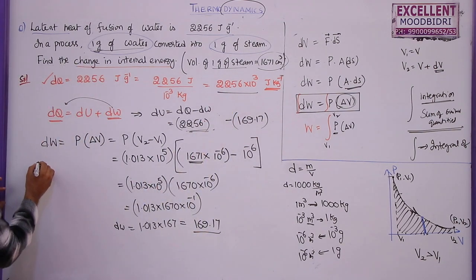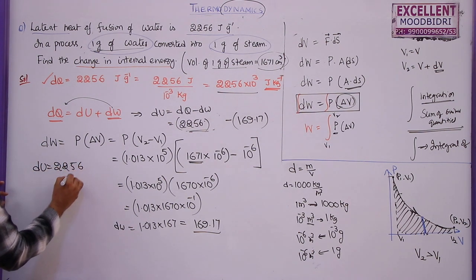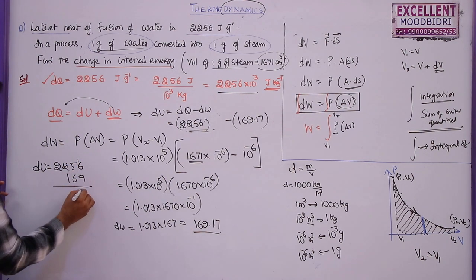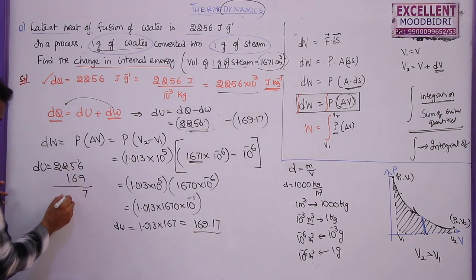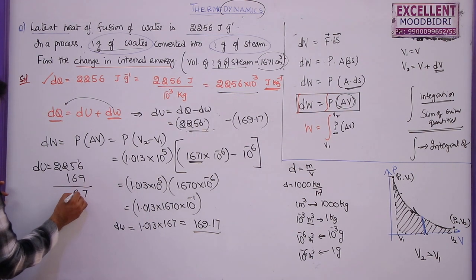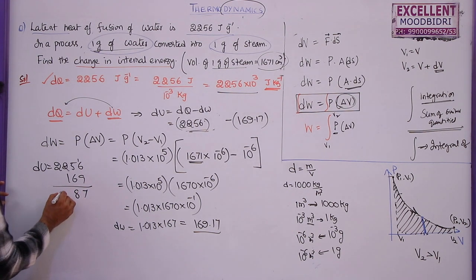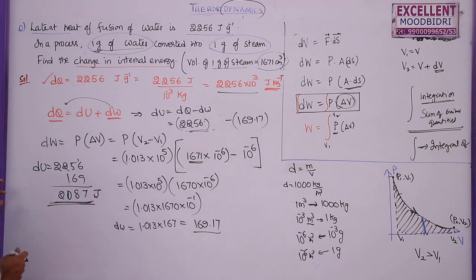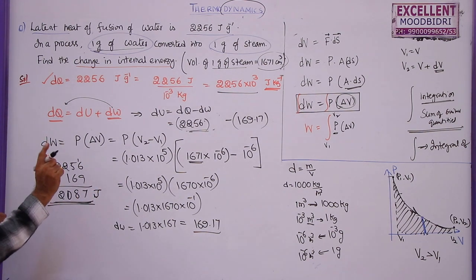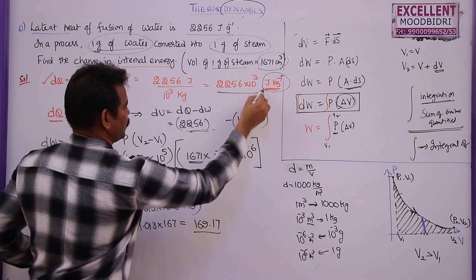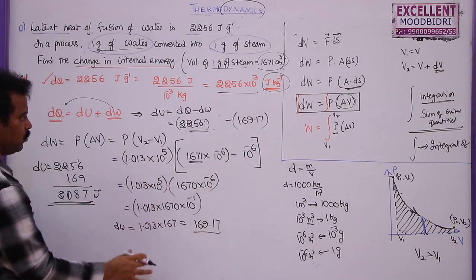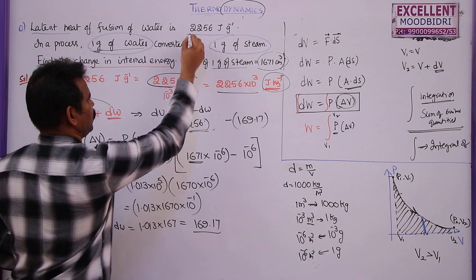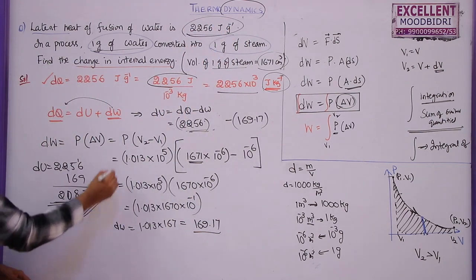So 2256 minus 169.17, so dU will be about 2087 joules. So this much of heat will increase the internal energy, for 1 gram only. Remember students, this is for joule per kg, but this is for 1 gram only. So I am taking only the joule per gram, which was given in the previous problem. So this is how I can find this value.